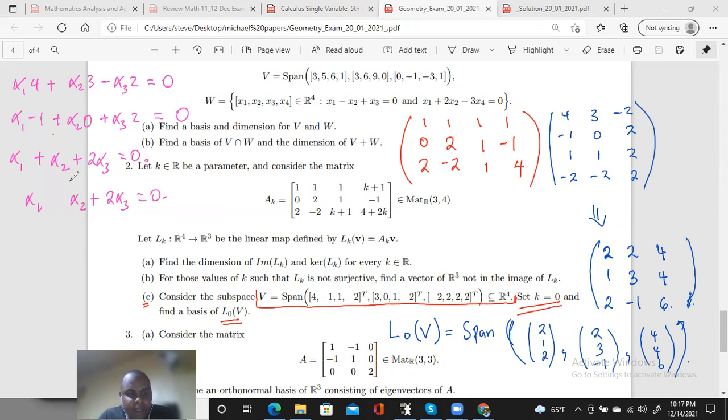So can we say alpha 1 plus alpha 2 minus alpha 3 equals 0?